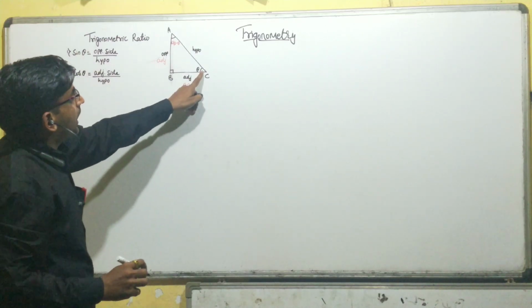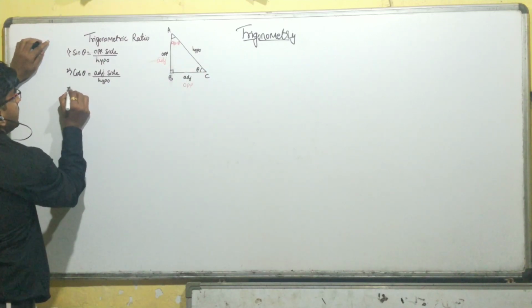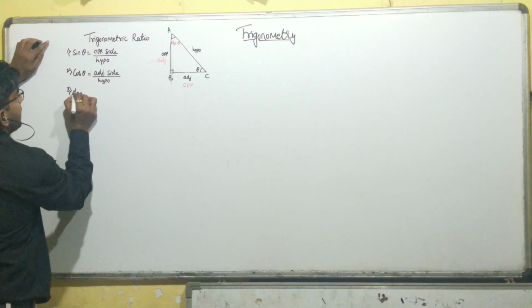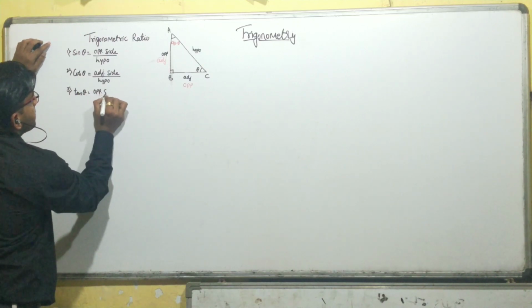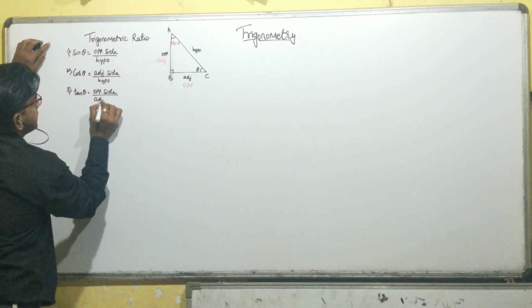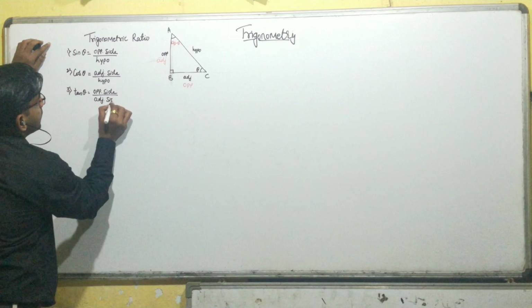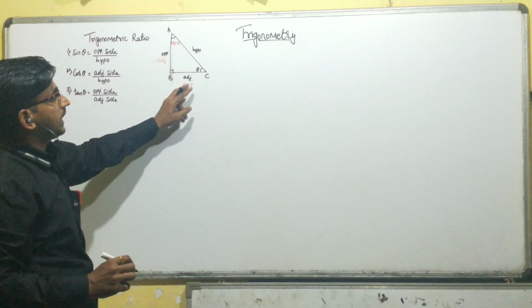Adjacent side to this theta upon hypotenuse. The third one is tan theta. Tan theta is opposite side upon adjacent side. Opposite to theta angle upon adjacent side.